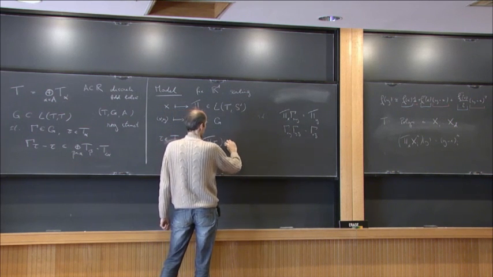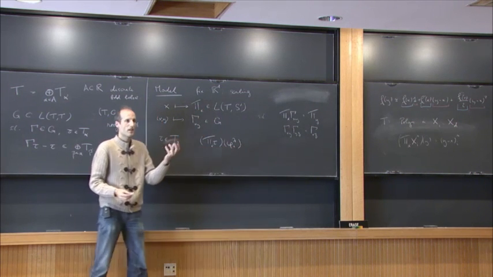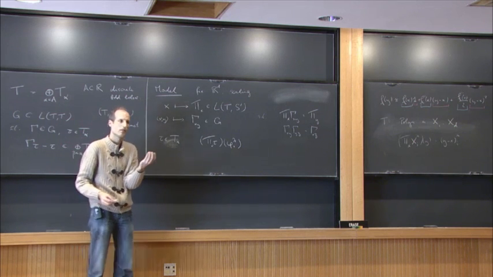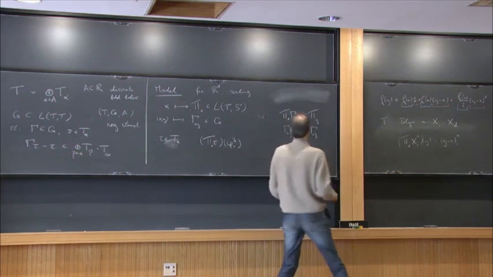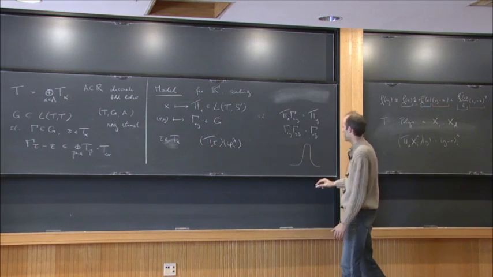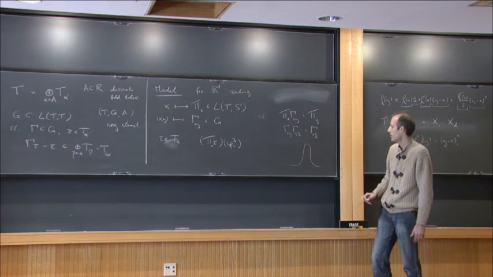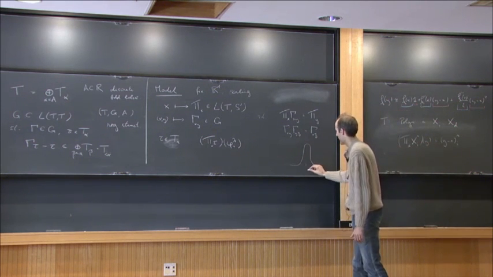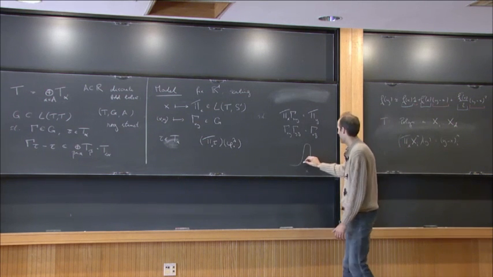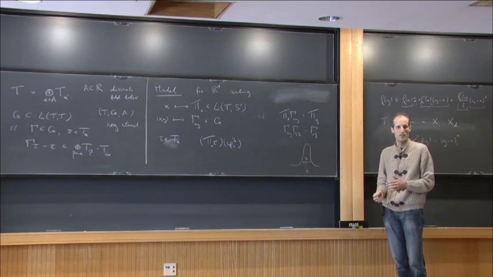So the only thing you can do is test it against test functions. And what I'm going to do is I test it against the test function, which is essentially localized around the point x. Okay? So when I write phi x lambda, it really means that you take your favorite nice compactly supported smooth test function and you translate it so it's centered around x, and you rescale it so that the typical size of the support is lambda.